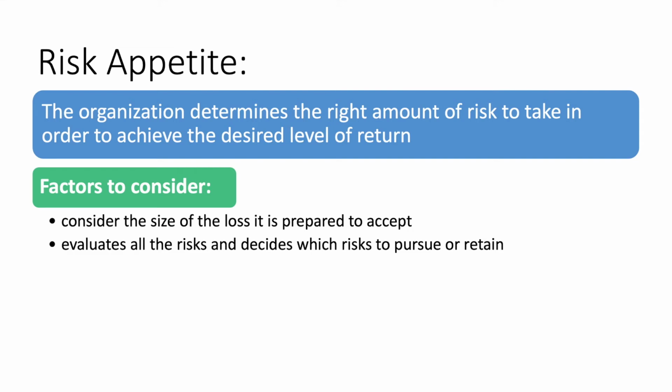If the market fluctuates on a daily basis, I'll be taking that risk. But if it depends on some kind of news, then I have to think about that. These are factors that need to be considered before deciding what level, what percentage, is my risk appetite.